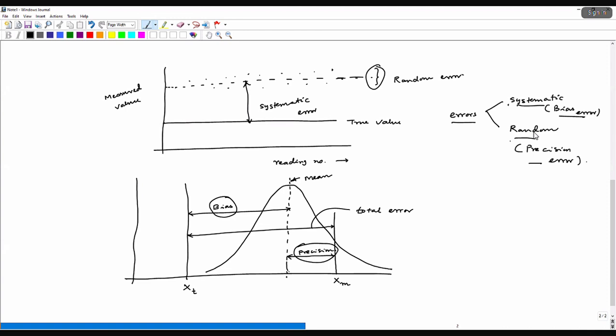The systematic or bias error can appear for, let's say, one reason: if you have a faulty or improperly calibrated instrument, right?